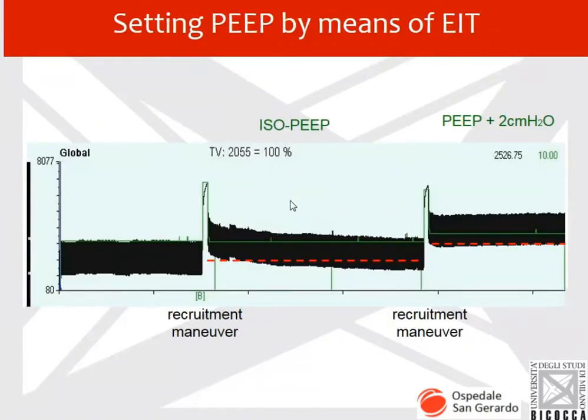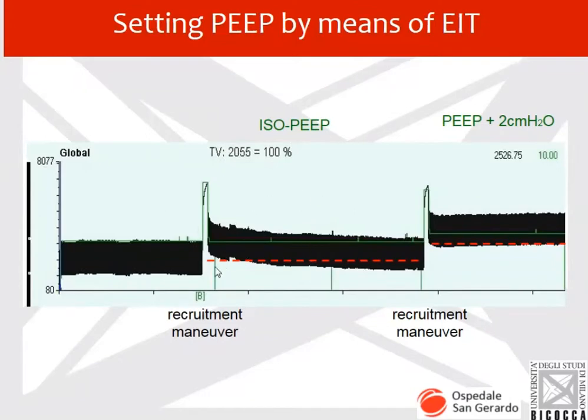So to make a long story short, this is what we did. We started from a ventilation at a given PEEP level. We gave a recruitment maneuver, and of course, you see here that there is some recruitment going on, because now the end expiratory lung volume has increased.